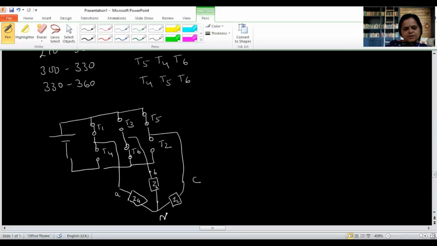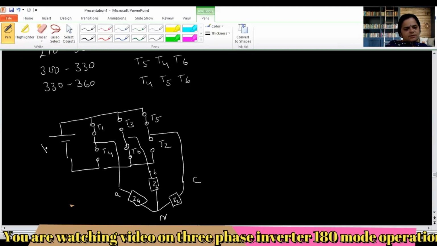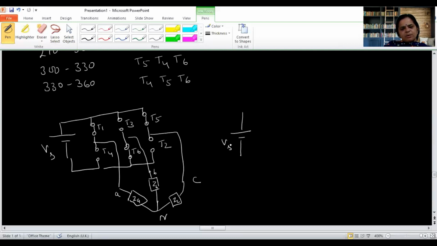And this is neutral. Now if I redraw this circuit again, this is VS. So this T1 is a short circuit and this T5 is a short circuit, and with the help of T6 short circuit, this is T6, and this is neutral.